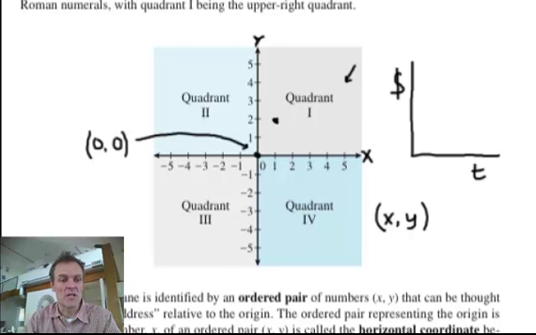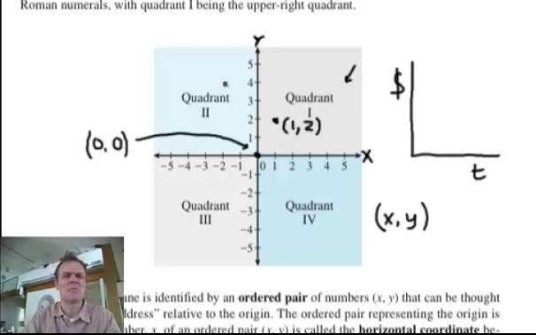So this one here, I've gone 1 along the x-axis, 2 up the y-axis. So this ordered pair here is 1, 2. From the origin I went 1 along the x-axis and 2 up the y-axis. So let's have a look at another one, something up about here.